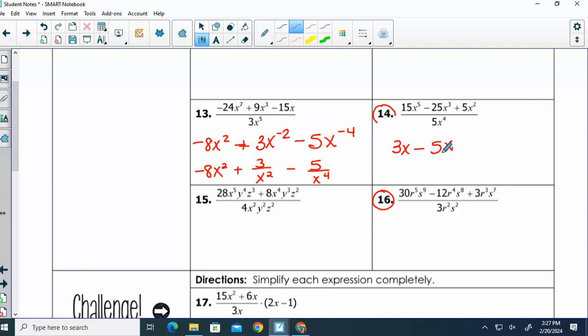That one would be x to the negative 1 plus x to the negative 2. So then any x's with a negative power go down to the denominator. So you'd have 3x minus 5 over x plus 1 over x squared.